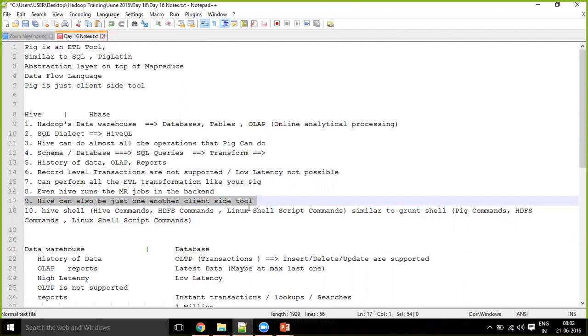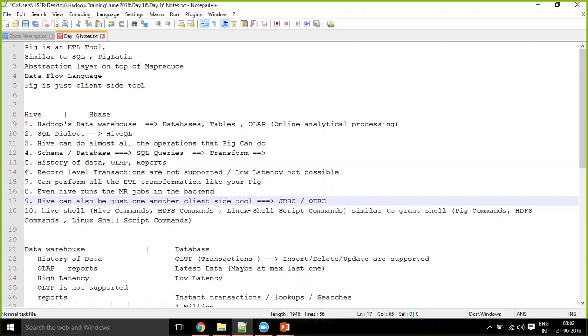But if you want access via JDBC connections, similar to any typical RDBMS, like data in Oracle, Postgres, MySQL, Teradata or Netezza, and through programming we want to access it through Java programs, or C or C++ programs, then we need JDBC or ODBC drivers: Java database connectivity drivers or open database connectivity drivers.